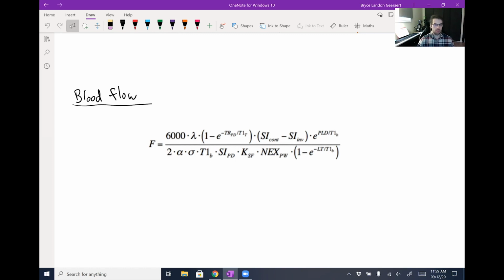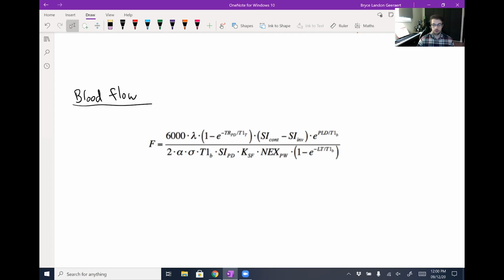So it's more complicated than just saying we see this difference in signal and therefore we have this difference in blood flow. This is a refined calculation that people spend their careers developing. I collaborated with the person that developed this equation. He's a very smart guy.